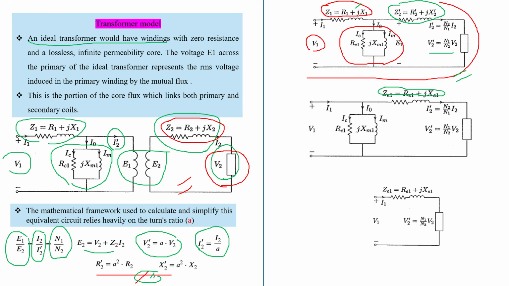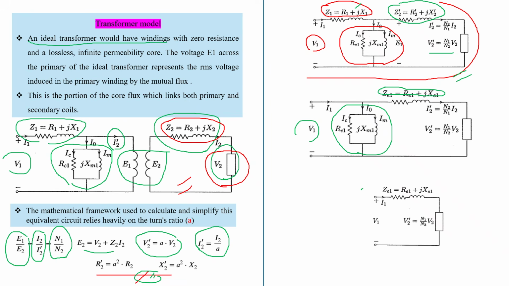Finally, with this terminal voltage, the magnitude of the core reactance is very huge compared to the winding resistance. So we can ignore this because it is a very huge resistance, and there will be no current through it. We can further reduce the equivalent circuit.